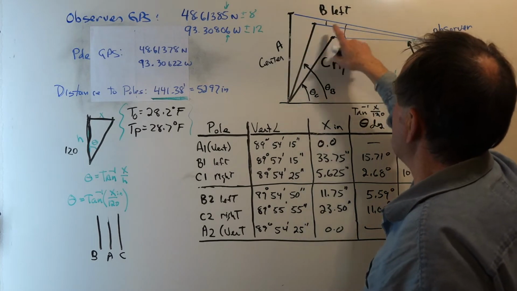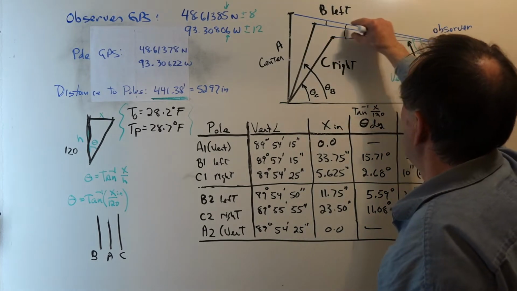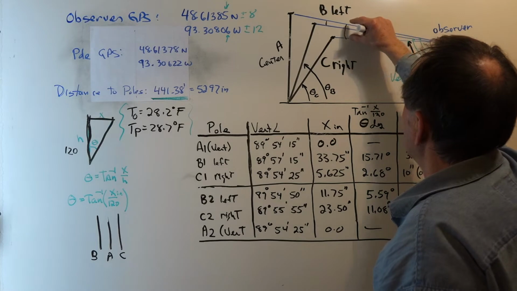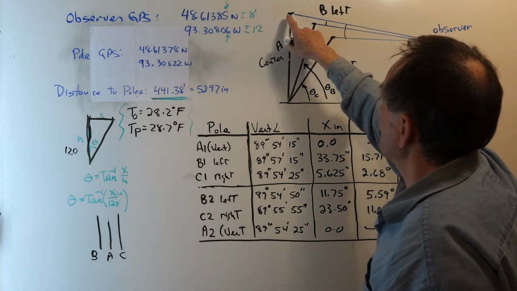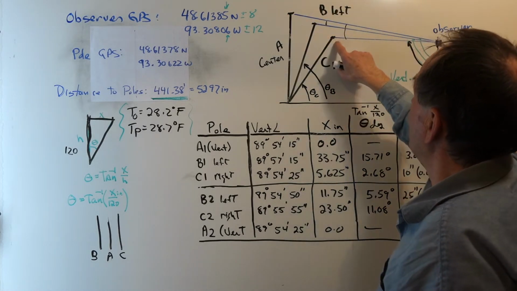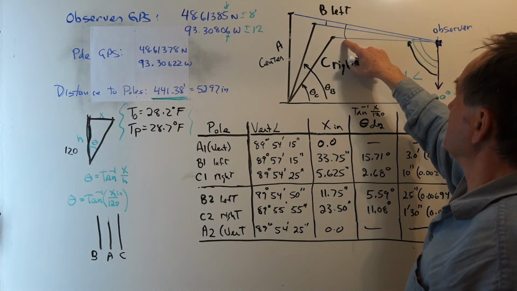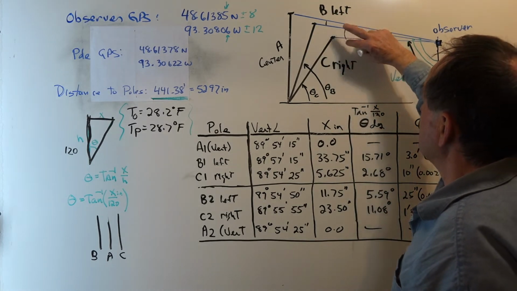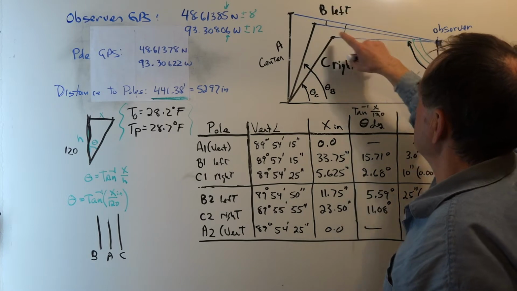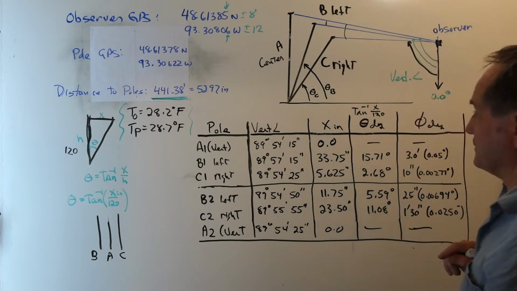We're trying to measure these height differences, so we need to know what these angular differences are between the reference pole, the vertical pole, and the pole that's tilting. So these are our differential measurements. We have to subtract the vertical angles.